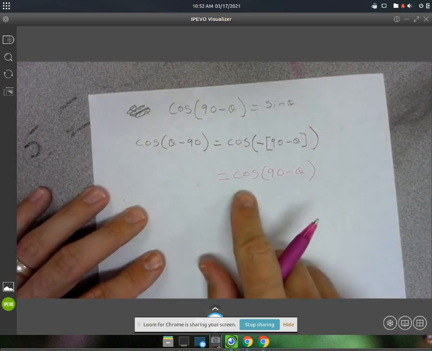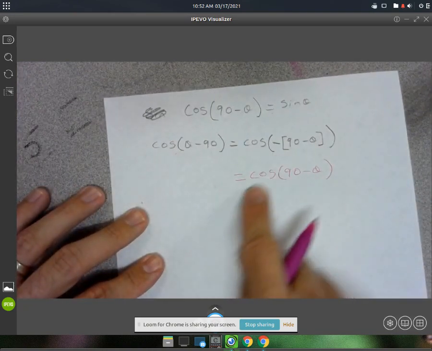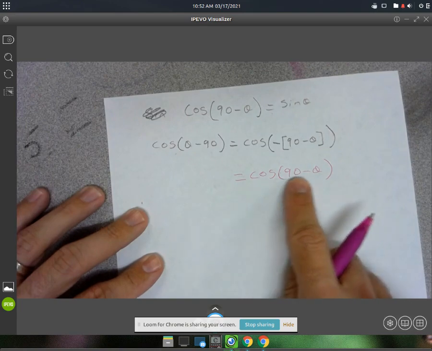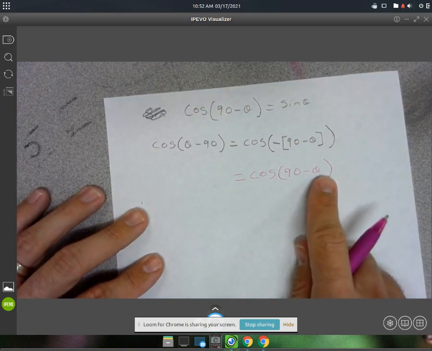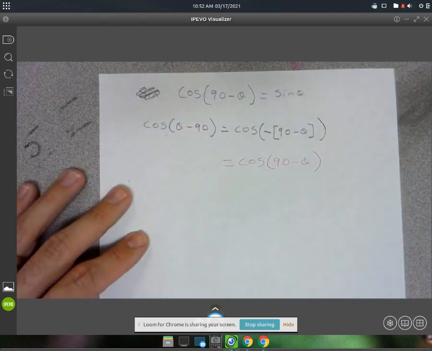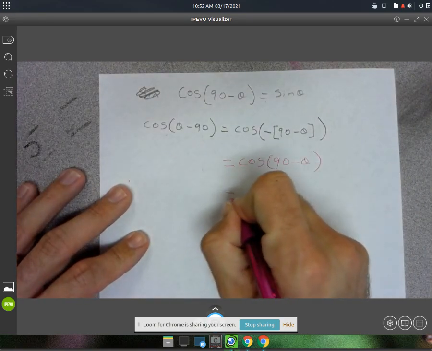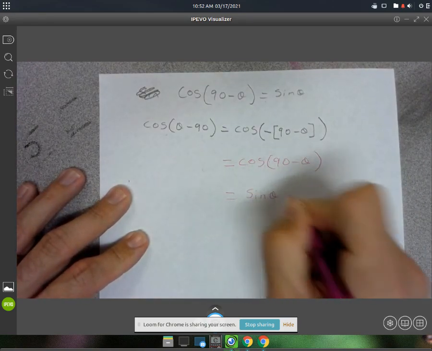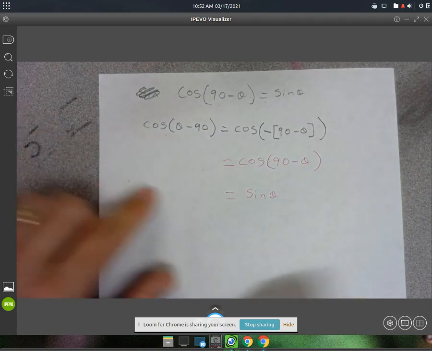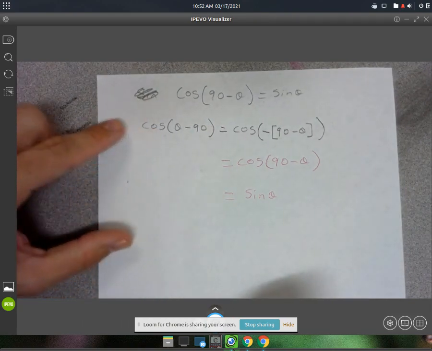That's nice, I just got rid of that negative sign. Well, I know what cosine of 90 minus theta is. That's equal to sine of theta. So this is equal to sine of theta. And what I had started with was this expression up here.